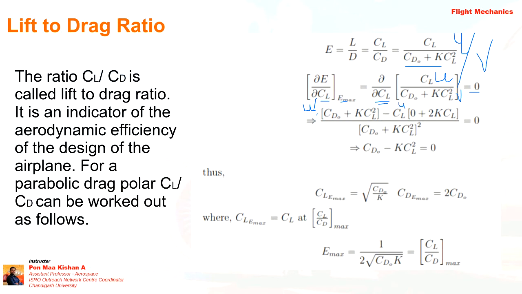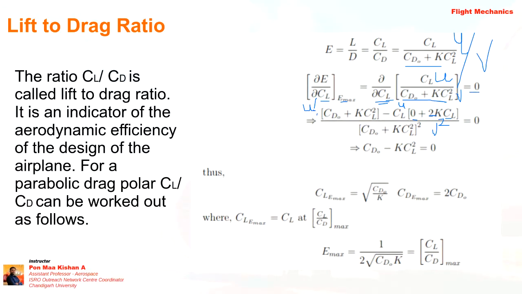Differentiating the denominator with CL, CD naught is constant so its differentiation is 0, plus KCL square differentiates to 2 KCL, divided by V square, the denominator whole squared, CD naught plus KCL square whole squared.